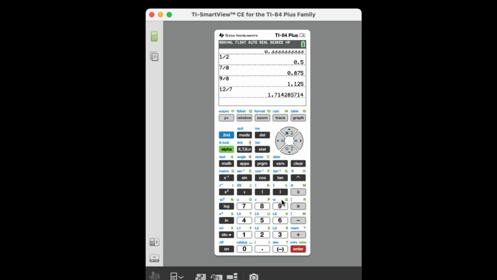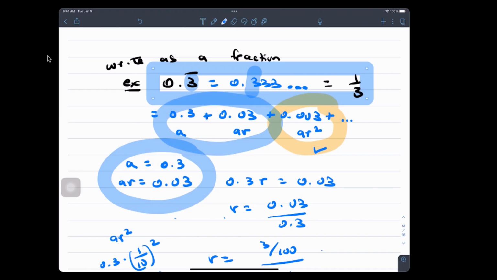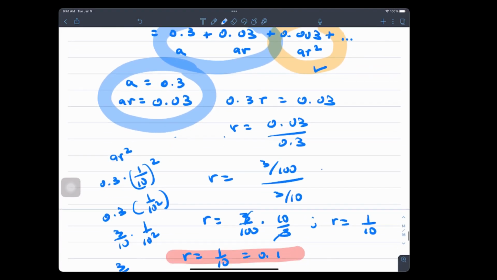You can put 2 divided by 3 here. Again, non-terminating, but there's a pattern there. It's really 0.6 with the line over it. So you're really looking at geometric series. They can all be written as a fraction, in case you guys didn't know.